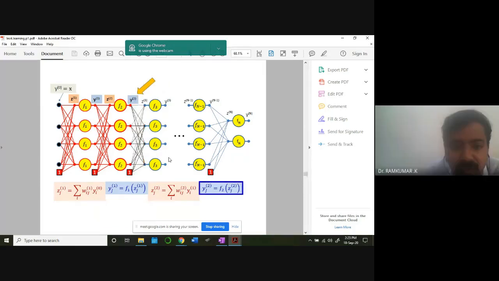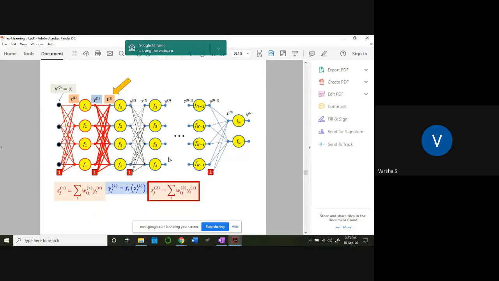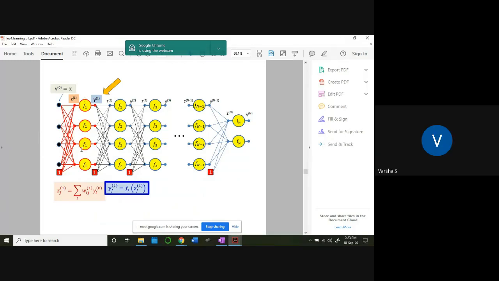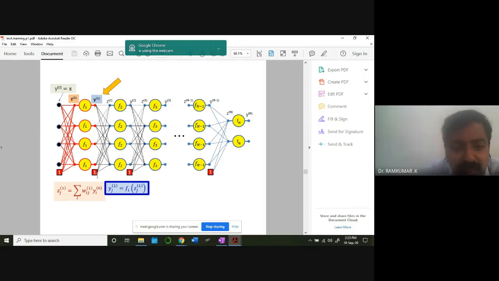Sir, what is that one in the diagram, the red one below? That's a bias. That one indicates the bias, because you have to understand that even though you put one there, the input is always one, but there are weights associated with it. You need to compute that weight also.